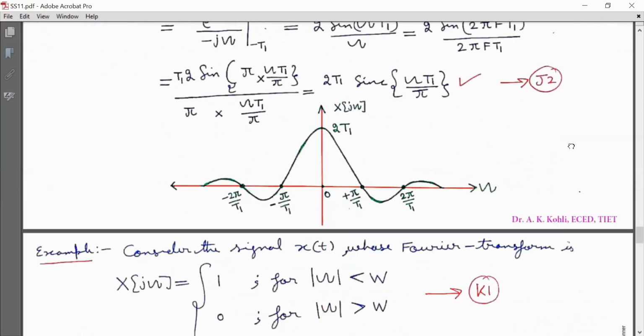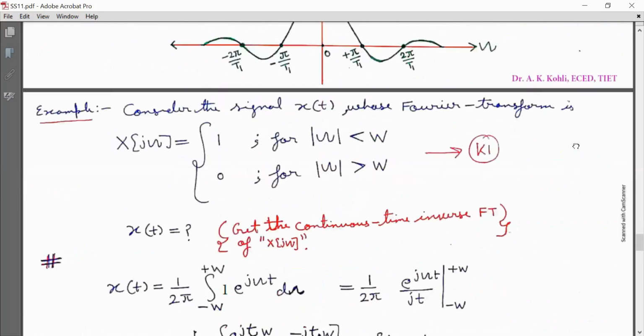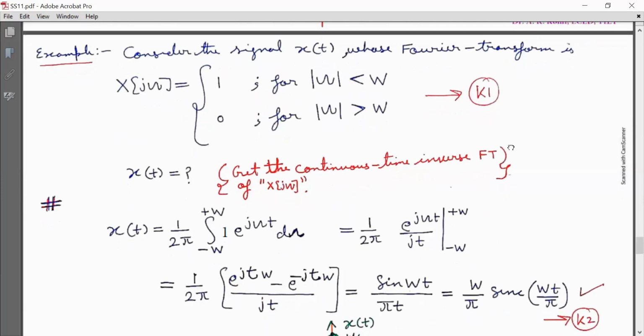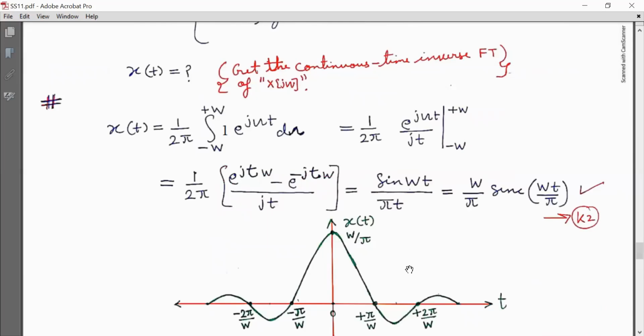In the next question, we considered a rectangular pulse in frequency domain, and when I calculated its continuous time inverse Fourier transform, I observed x(t) to be a sinc function in time domain.